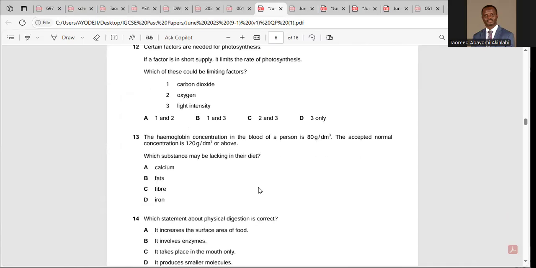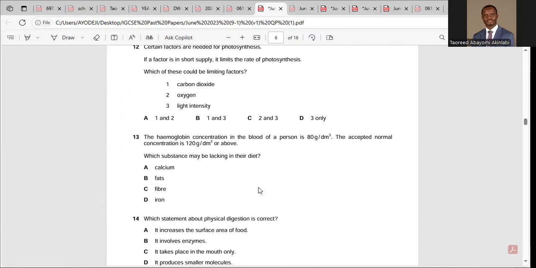Moving to question 13, the hemoglobin concentration in the blood of a person is 80 grams per dm cube. The accepted normal concentration is 120 grams per dm cube or above. Which substance may be lacking in their diet?